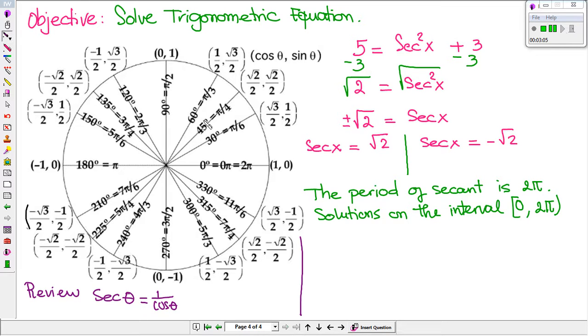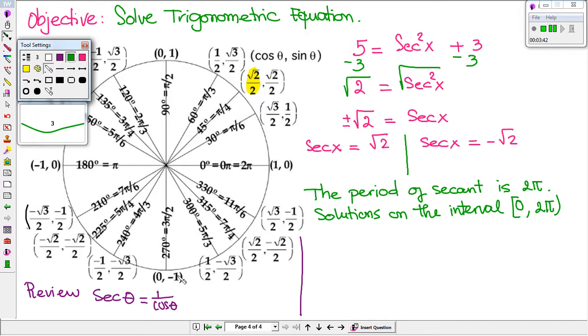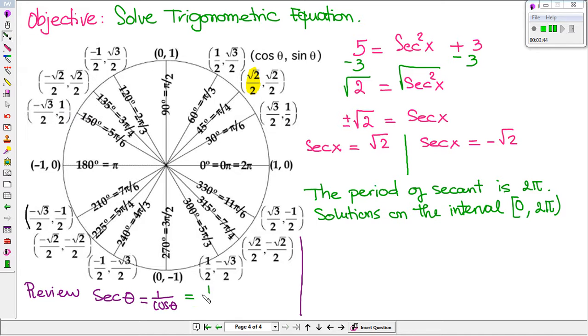So if I look at 45 degrees or pi over 4, I will take one divided by square root of 2 over 2. That will give 2 over square root of 2. Since we cannot have a square root in our denominator, we rationalize the denominator.